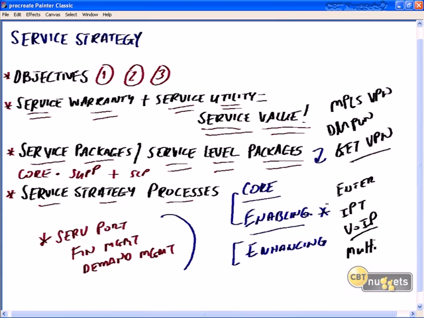These would be enhancing services or service level packages that I could provide and offer the enterprise or the large corporation in a metropolitan area to provide any-to-any secure communications over their wide area network or their metropolitan area network. Okay, that being said, let's go ahead now and look at the service portfolio, financial management and demand management components of the service strategy.